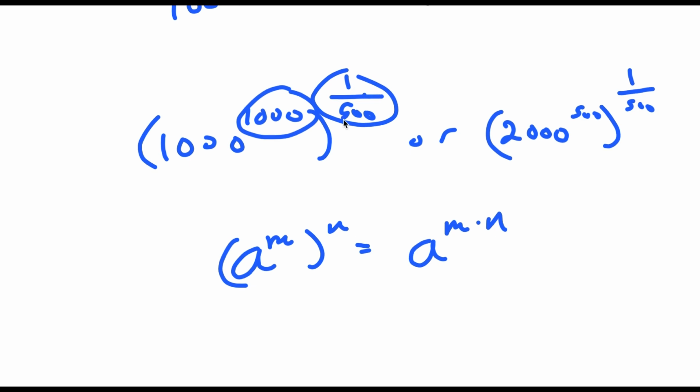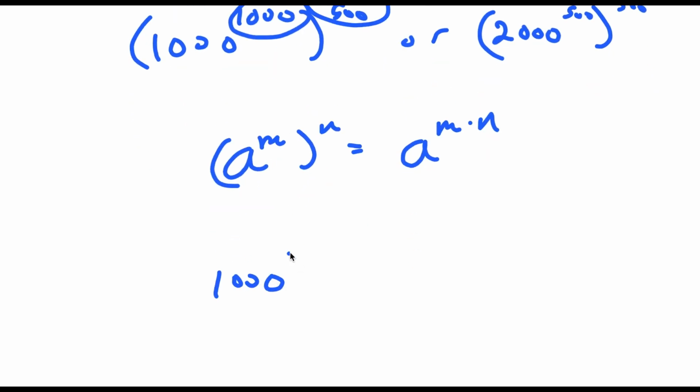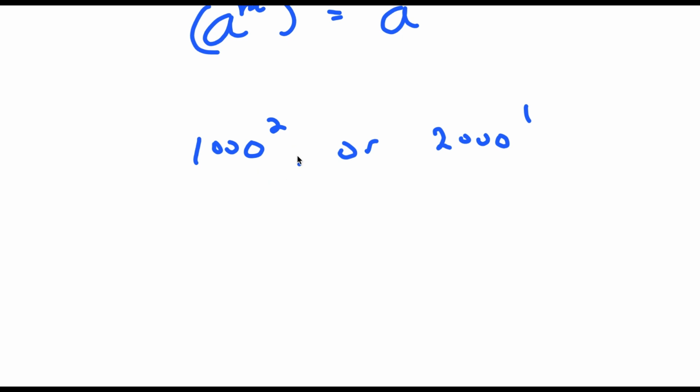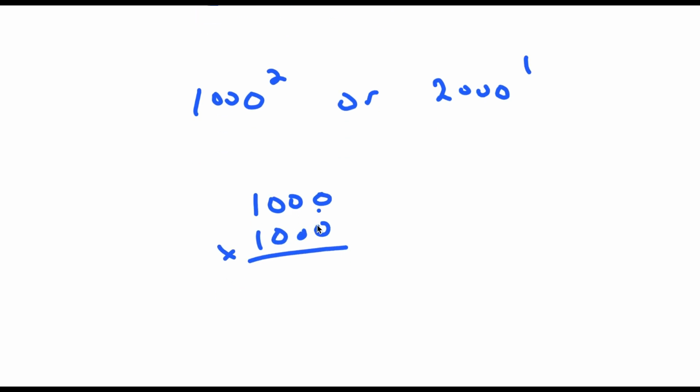So these two multiply, and as you can see, I get the same thing. I get 1,000 to the power of 2, or 2,000 to the power of 500 times 1 over 500, which is 1.